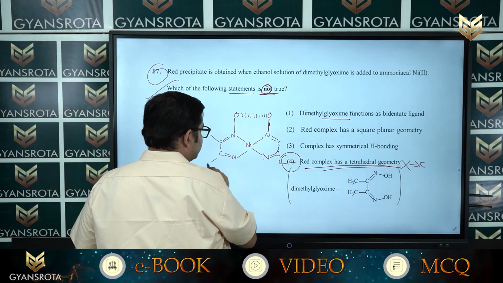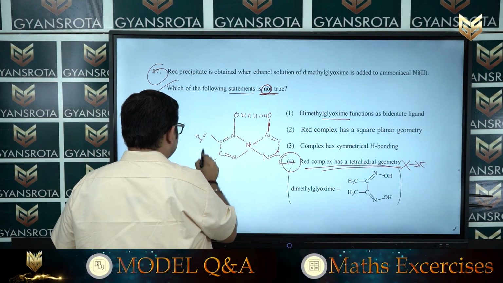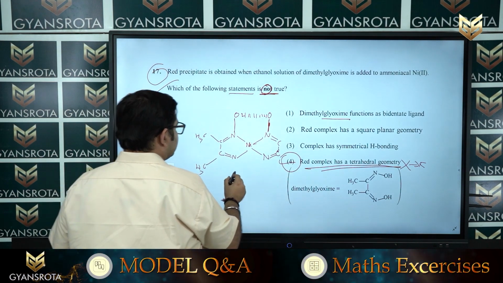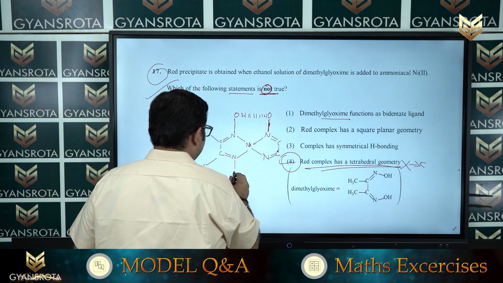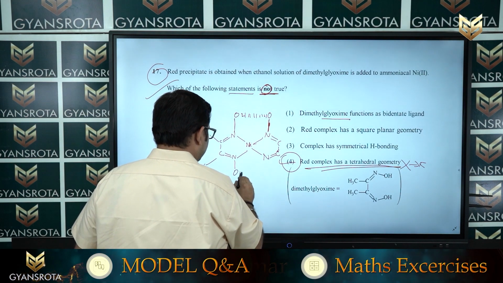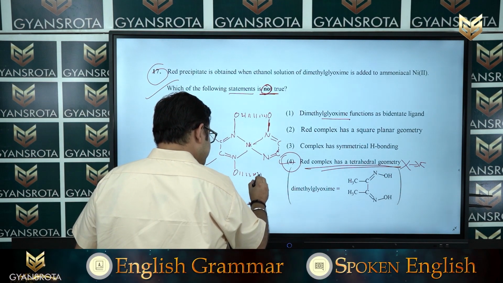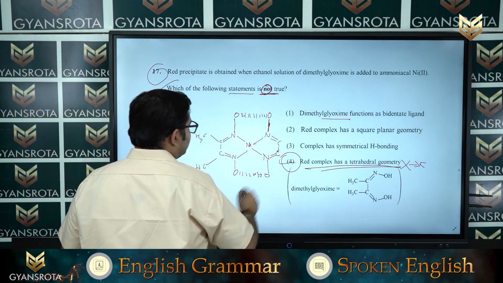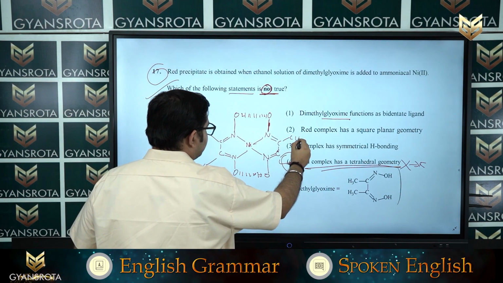Another one here, CH3 and CH3, and another one, it will be O here, it will be H and O. So, this kind of square complex will form.